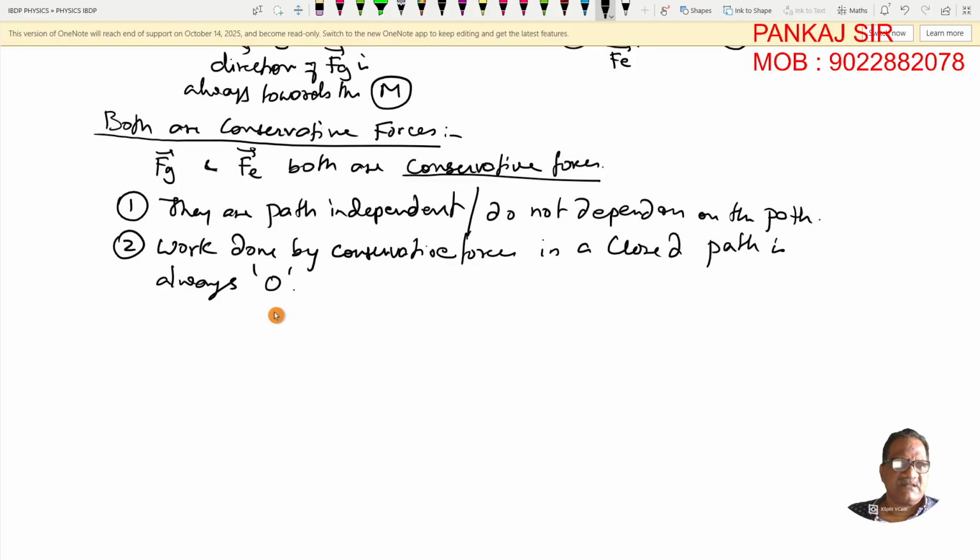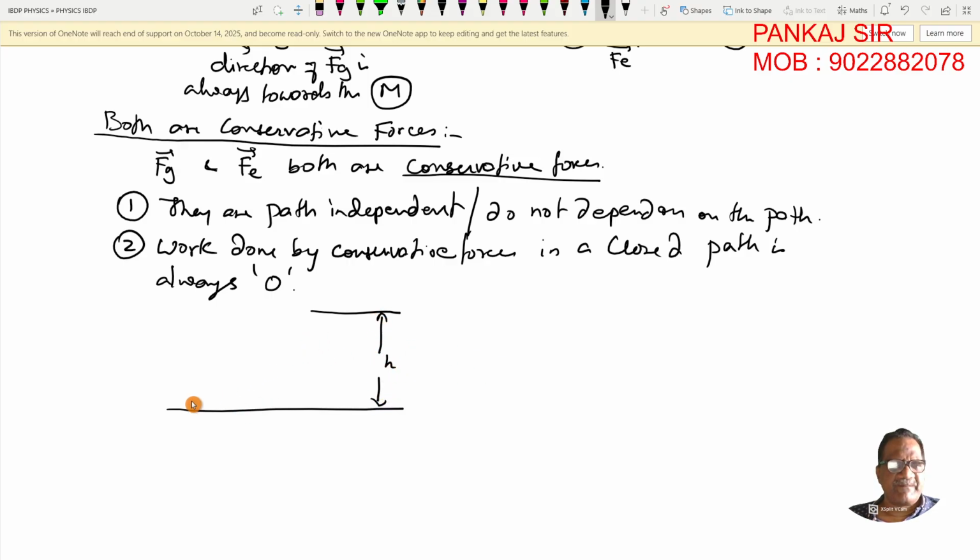First of all, let me explain what is the meaning of path independent. Suppose this is the ground level, and this is a level which is at a certain height, say h.